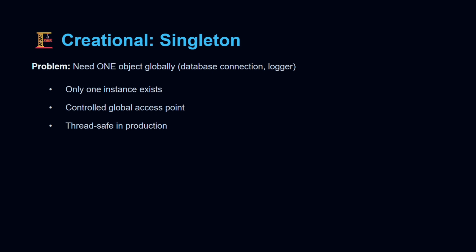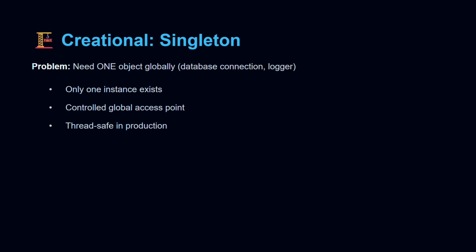Okay, so the first one is creational patterns, that is Singleton. Let's start with Singleton, a creational pattern. We need exactly one object globally, like a database connection or logger. Multiple instances would cause conflicts for this problem.